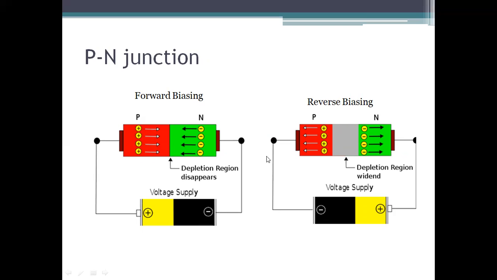The same applies for reverse biasing. Forward biasing means connecting the power supply's positive terminal to the negative side. For reverse biasing, keep in mind we connect the power supply in the form of negative terminal to positive terminal.